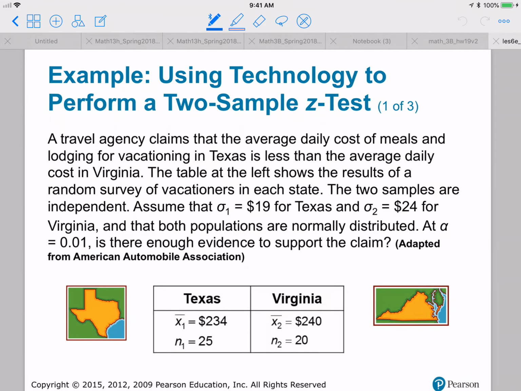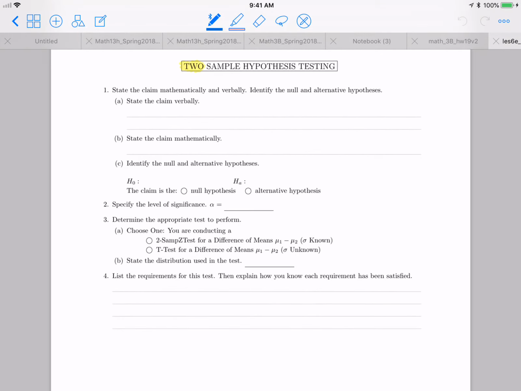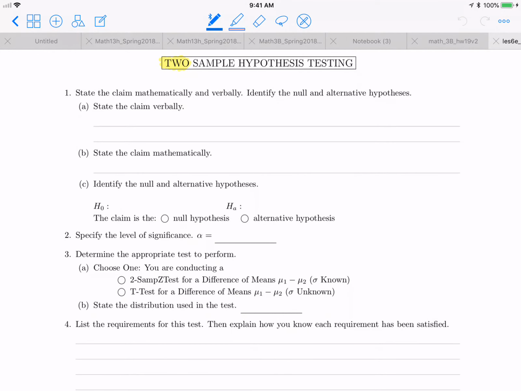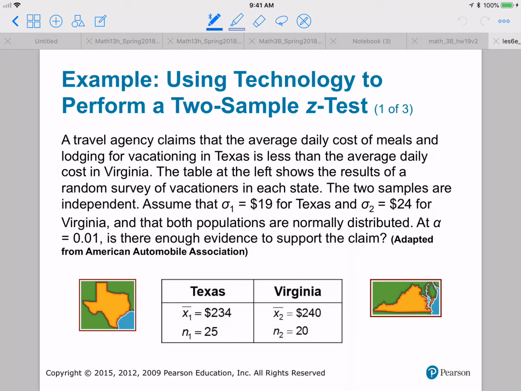What I want to do is get to this part here where we state the claim mathematically and verbally. The verbal statement of the claim is going to come from here. It claims that the average daily cost of meals and lodging for vacationing in Texas is less than the average daily cost in Virginia.